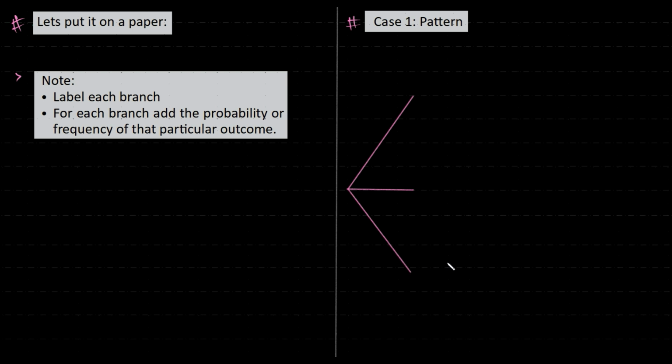Okay, same scenario. I'm going to put it across using this particular diagram. So this would represent square 1, square 2 and square 3. Next, the kid can choose triangle 1 or triangle 2. So we can either write it horizontally or vertically.